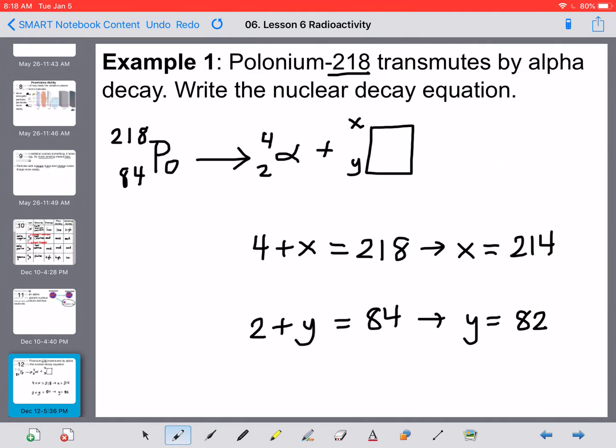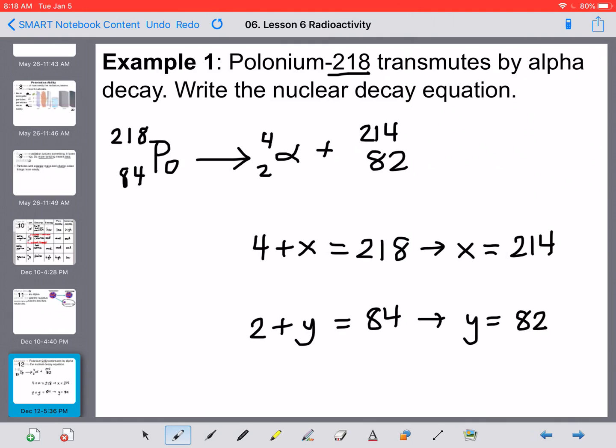So now I'm going to just erase over here and write those in. So top number 214, bottom number 82. And now I have to write down what the element is here. When you're determining the element type, you don't look at 214 because there could be more than one type of isotope in the world that has a mass of 214.